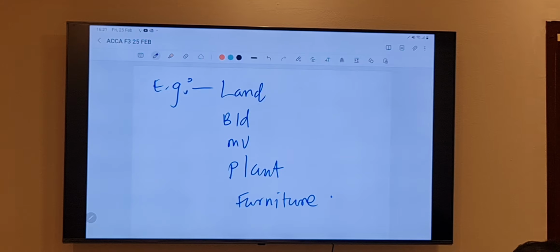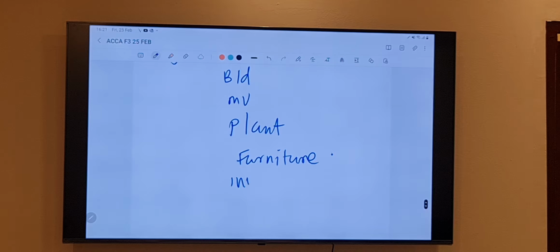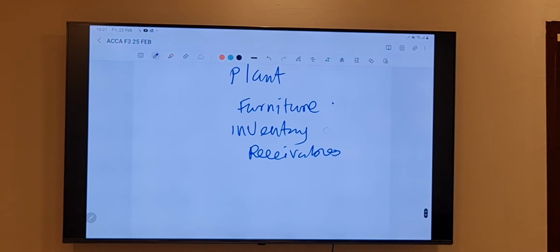Cash, inventory. That is also part of assets. Understand me? So you have inventory, you have receivables, you have cash. Very important, serious asset is cash. People are crying and dying for that.